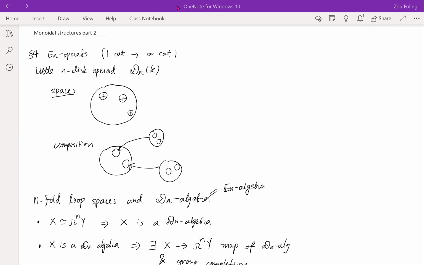This gives me an operad, and this operad has been used to recognize n-fold loop spaces.